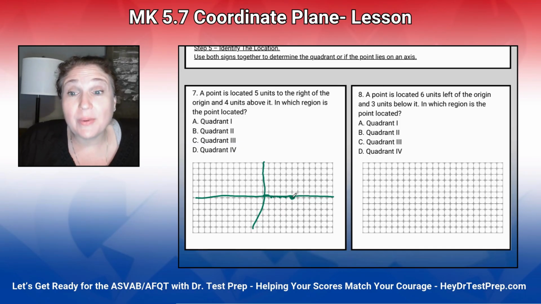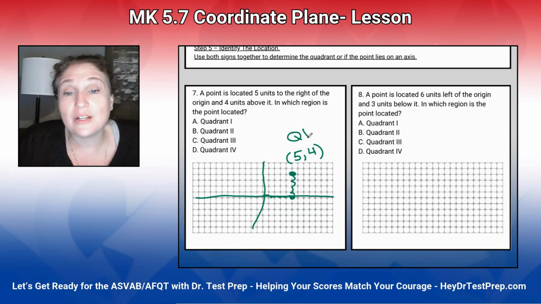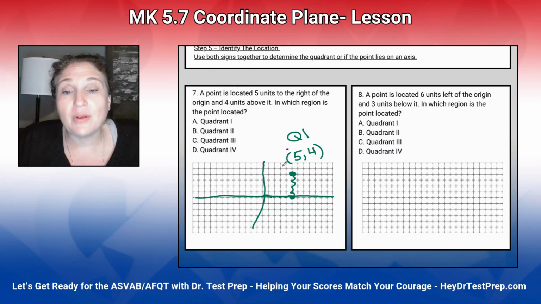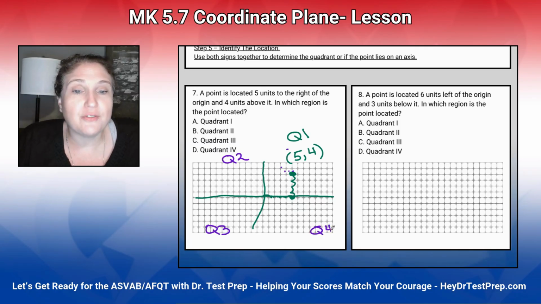Here's 5 units right, 4 units up. 1, 2, 3, 4. So this point is positive 5, positive 4, which means it's in quadrant number 1 from our quadrant lessons. Remember, quadrant 1 is always here. Here's quadrant 2, quadrant 3, and quadrant 4.